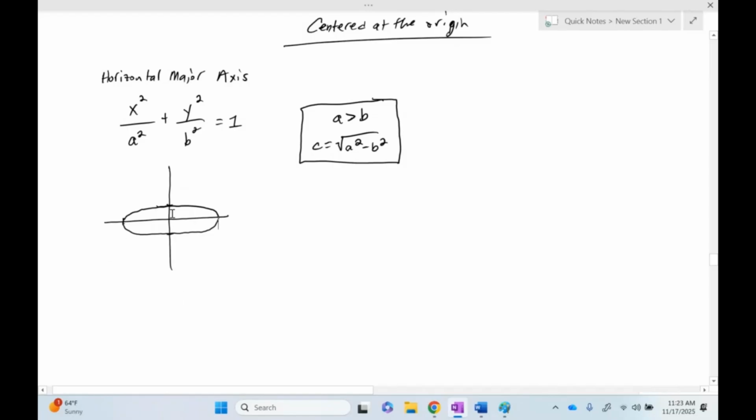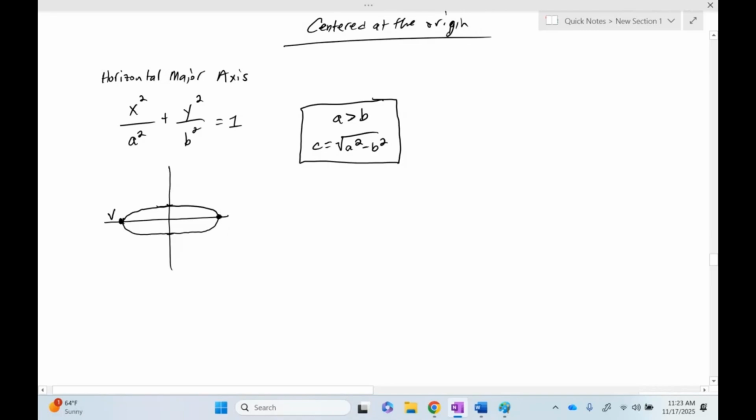This horizontal length is longer than this vertical. So if this is your model form, this is what your graph looks like. Notice that if you're looking at the denominators, the biggest number is underneath the x variable, and then your graph looks like this.